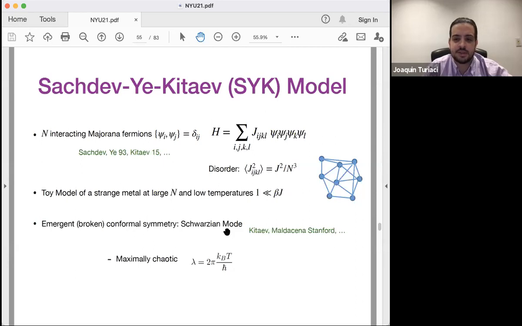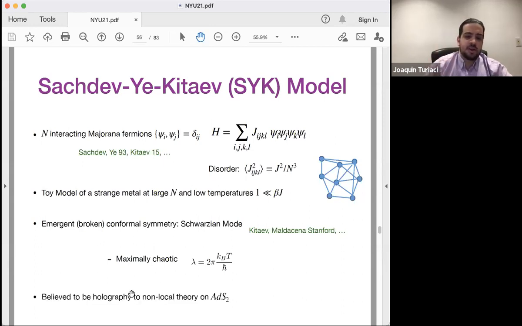It will have this interesting large entropy at low temperatures, etc. And this is believed to be holographically dual to this AdS2 black hole. Although, if you look at the matter content of the theory that would be dual to the SYK, it's very non-local. So it doesn't quite work, but it has been a very fruitful toy model to study some effects in black holes.